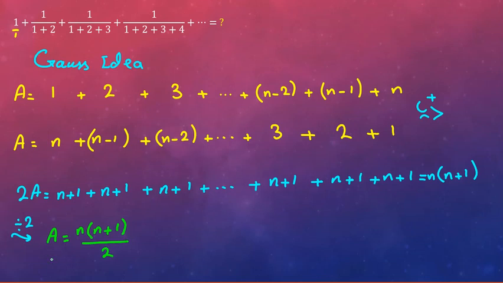Now, as you can see in the denominators, we have 1 plus 2 and so on, and we can write it like this. If we consider these fractions, let's write 1 over 1, 1 over 1 plus 2, plus 1 over 1 plus 2 plus 3, 1 over 1 plus 2 plus 3 plus 4, and so on.